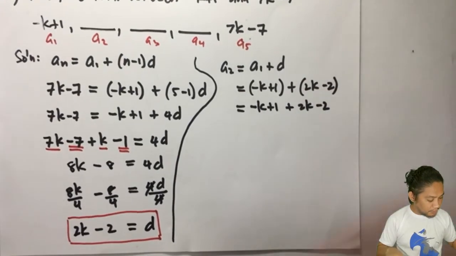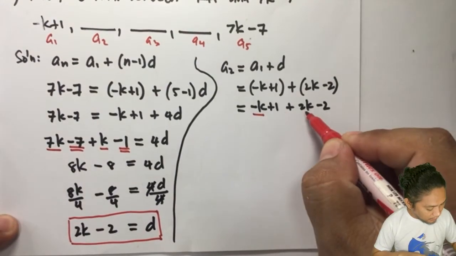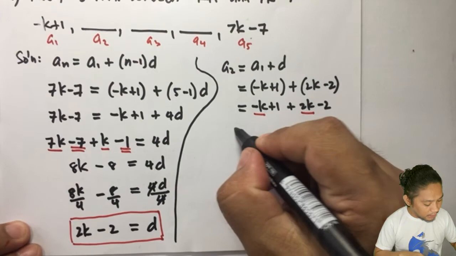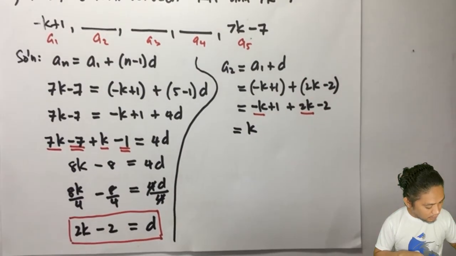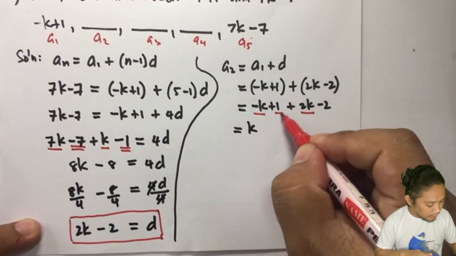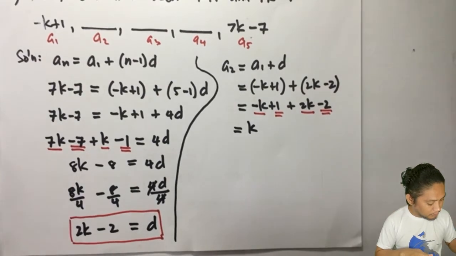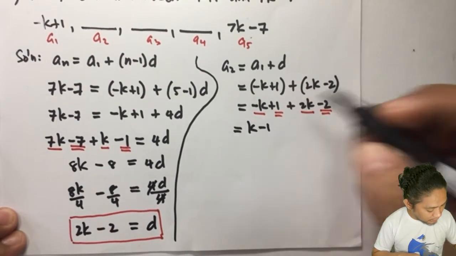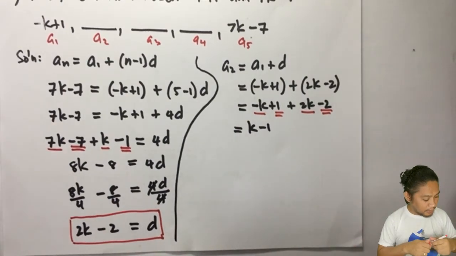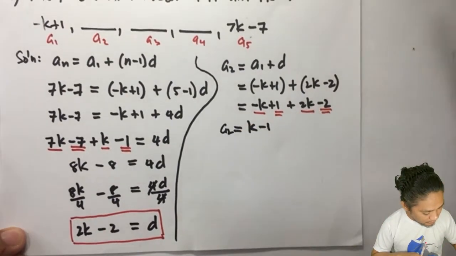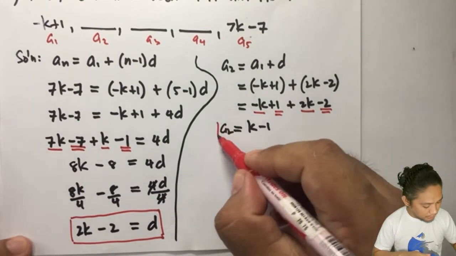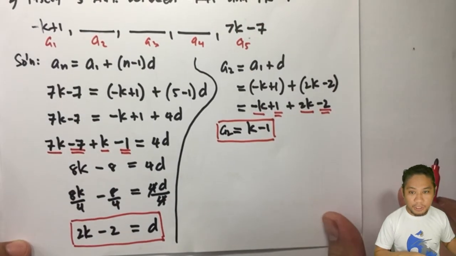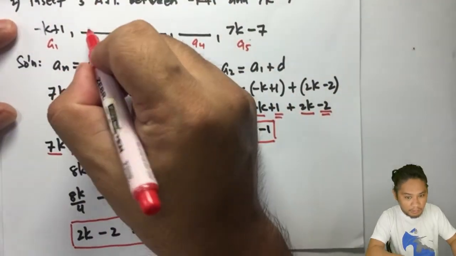So negative k and 2k is k, and of course 1 and negative 2 is negative 1. So our second term is k minus 1.